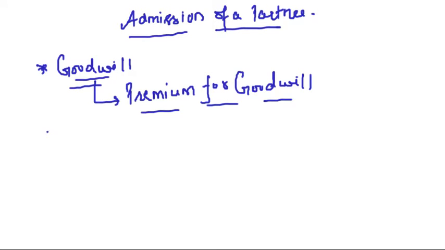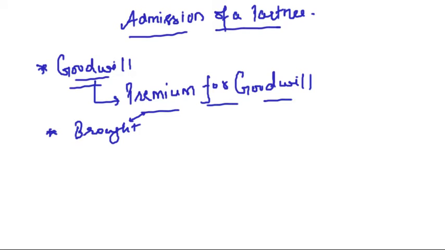Then we discussed the various cases in which this premium of goodwill can be brought by the new partner, like paid privately, paid in cash, retained in business, paid in kind, paid in cash and withdrawn by old partners, partially or wholly not paid by the new partner.